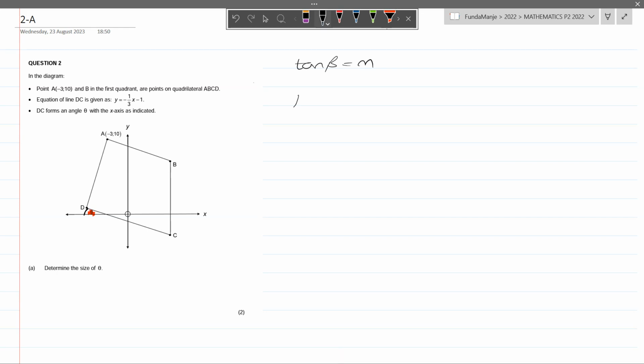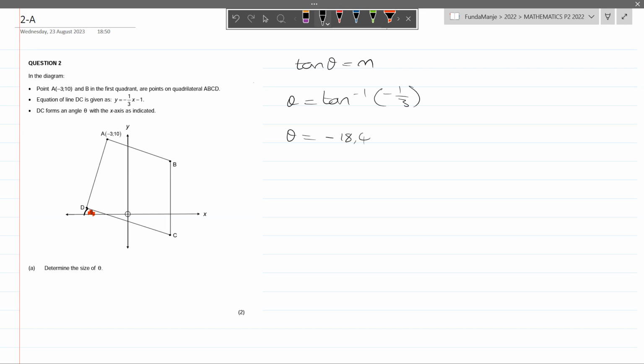So in here, make B the subject of the formula, or let's just keep it as theta. Say theta equals, take tan to the other side, you get arctan of the gradient, which is -1/3. Then theta would be equal to, if you put this in your calculator, -18.4.